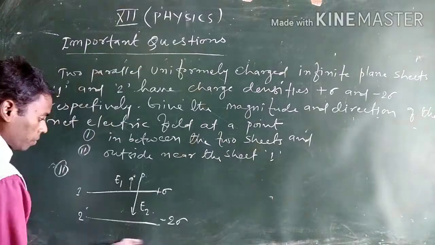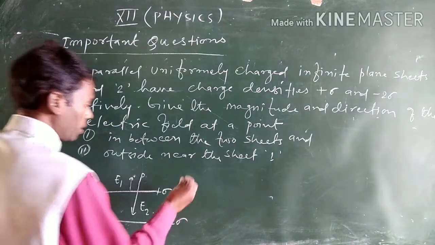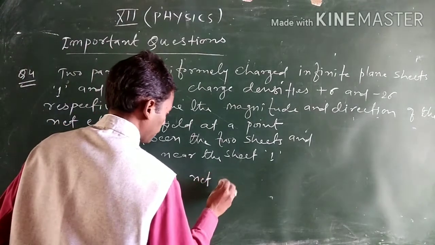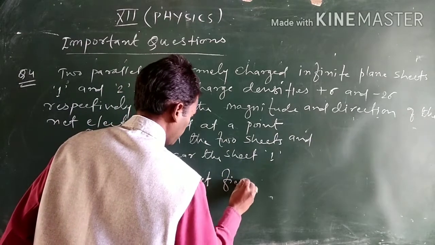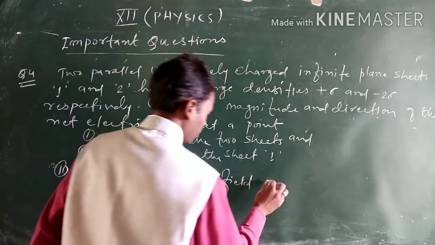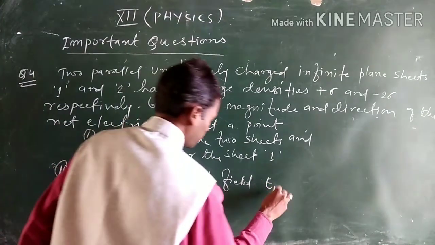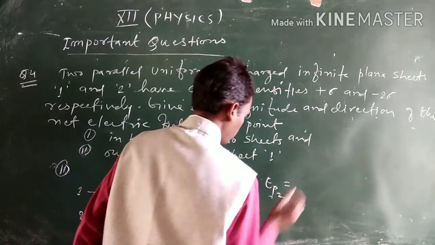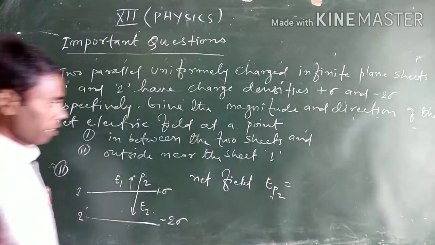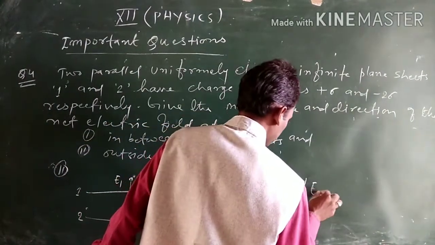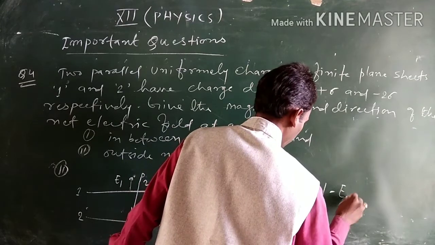Now the net electric field, suppose this is P2, is equal to the magnitude of E2 minus the magnitude of E1.